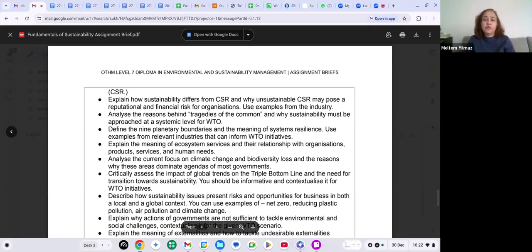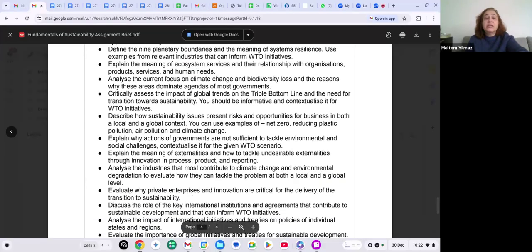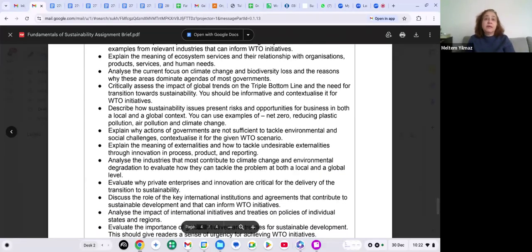Critically assess the impact of global trends on the triple bottom line and the need for transition towards sustainability. You should be informative and contextualize it for the World Trade Organization initiative, so it needs to be related beyond the World Trade Organization initiative.